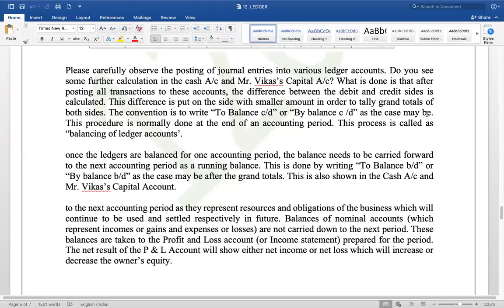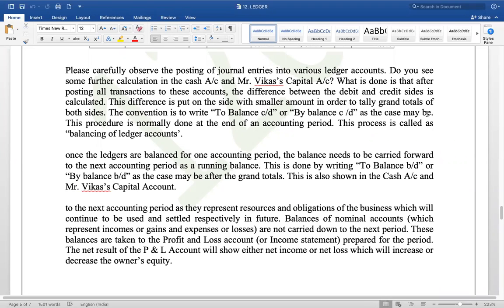This difference is put on the side with smaller amount in order to tally grand totals of both sides. The convention is to write to balance carried down or by balance carried down, as the case may be. This procedure is normally done at the end of accounting period. This process is called as balancing of ledger accounts.